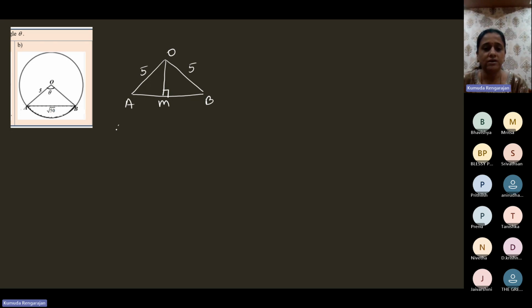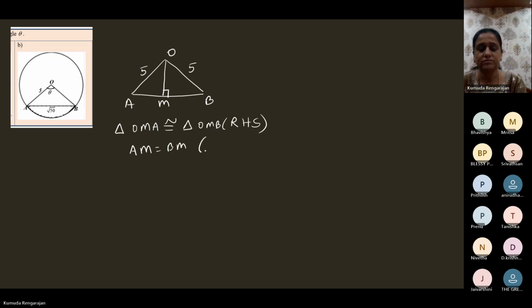So triangle OMA will be congruent to triangle OMB by the RHS rule: right angle, hypotenuse equal, and common side. So by CPCT, AM is equal to BM. And also this angle will be equal to this angle. So angle AOM is equal to angle BOM, by CPCT.